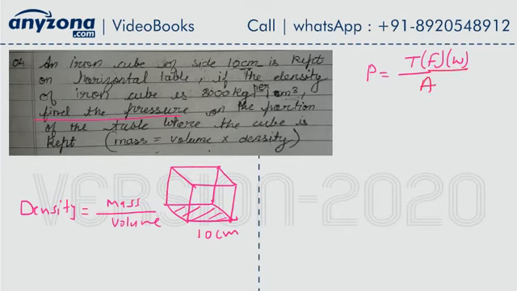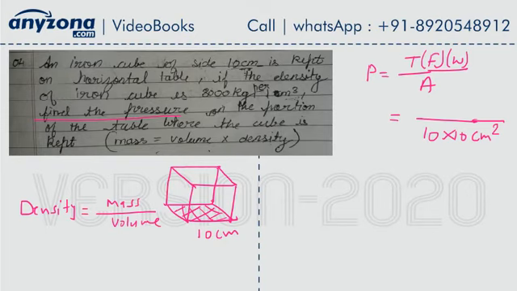You can find the area very easily. This is the area, 10 into 10. Area is very simple: 10 into 10 cm square. But what is the thrust? What is the force exerted by this cube?